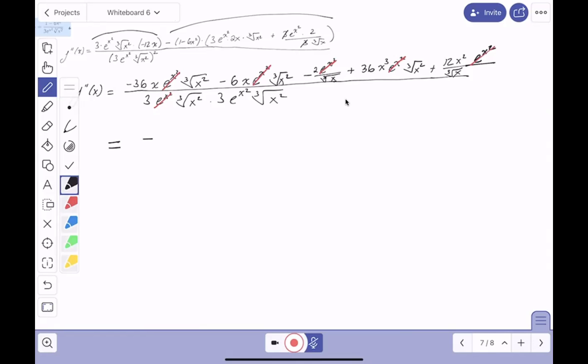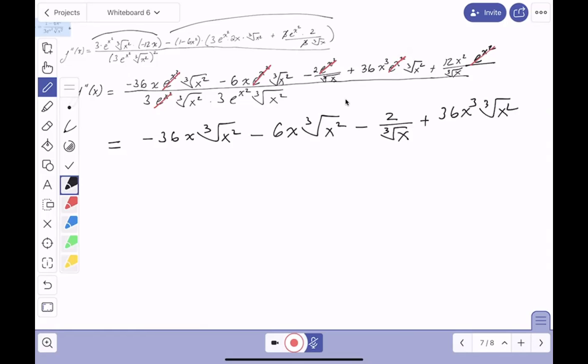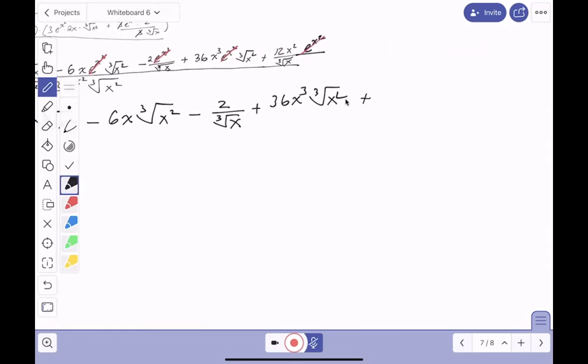So I get minus 36x cube root x squared, minus 6x cube root of x squared, minus 2 over the cube root of x, plus 36x cubed cube root of x squared, plus 12x squared over the cube root of x.